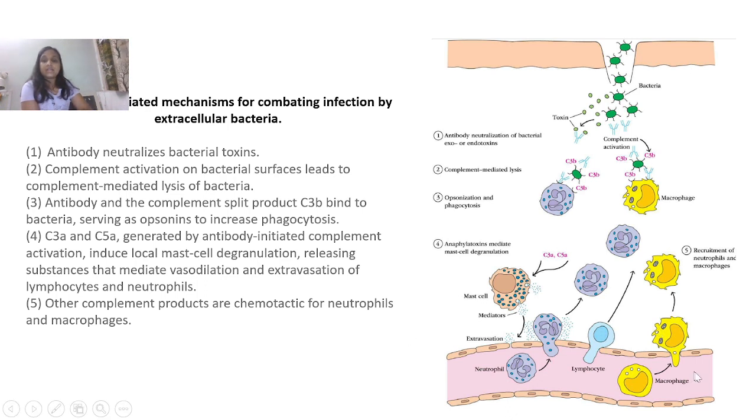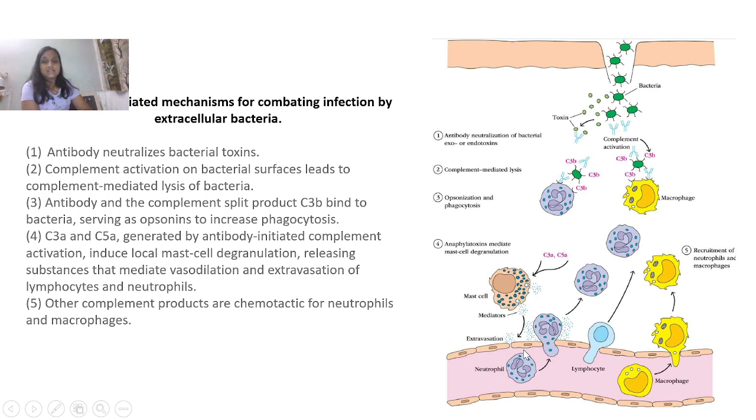So here is the capillary. You can see here the neutrophil, all the innate immune cells like the macrophage, lymphocyte, neutrophils are traveling. And here you can see when there is an increase in the release of these granules by the mast cell, what happens? There is vasodilation.